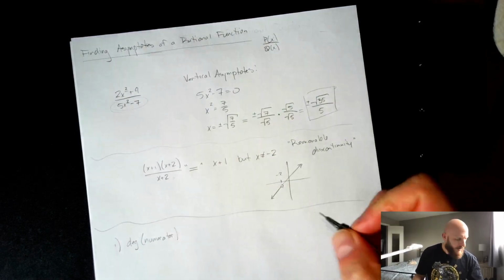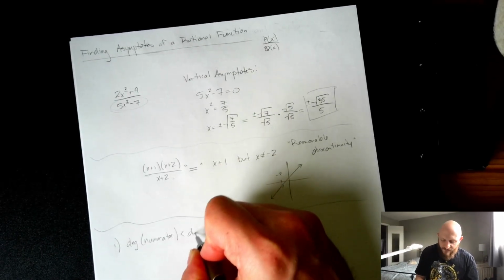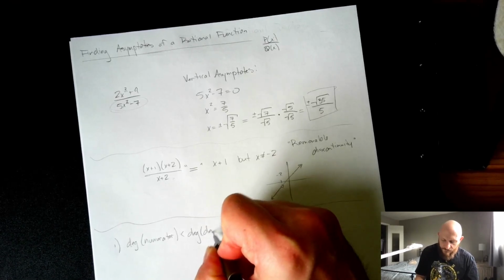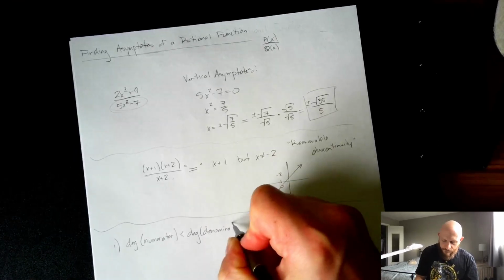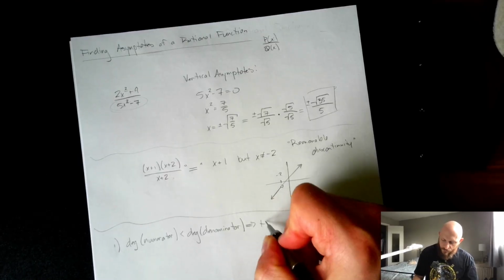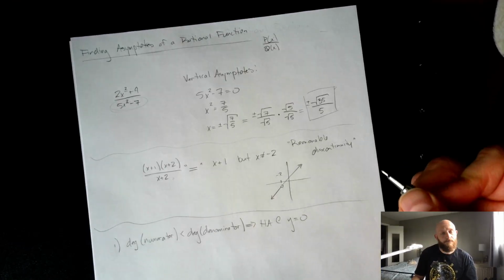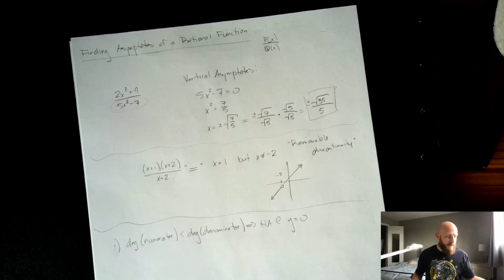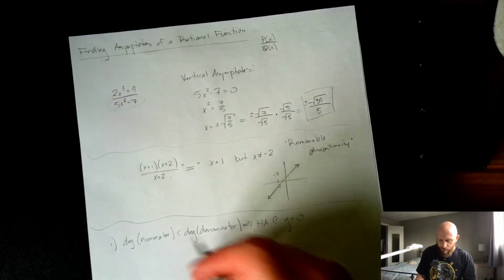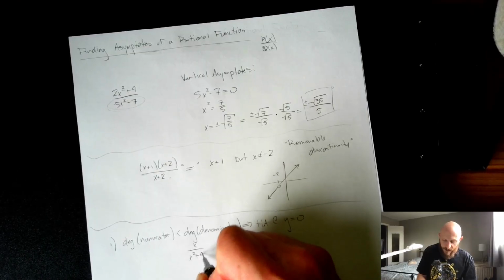Comparing the degrees of the numerator and the denominator allows us to determine exactly what kind of horizontal asymptote we have. So case 1: if the degree of the numerator is less than the degree of the denominator, then there will be a horizontal asymptote at y equals 0. An example of this might be x over x squared plus 9.